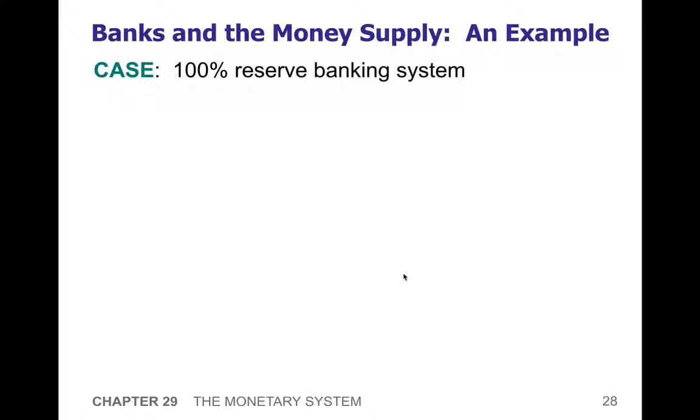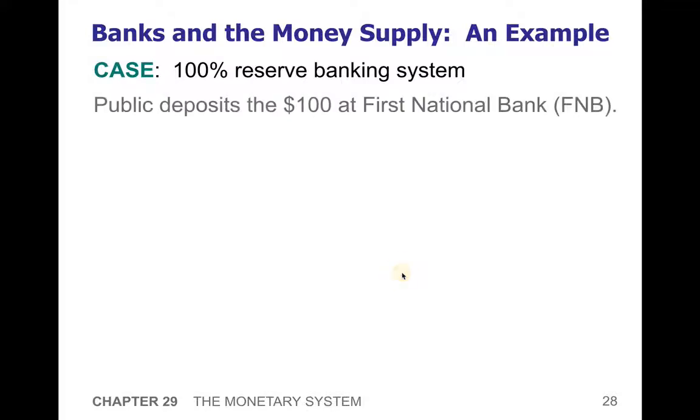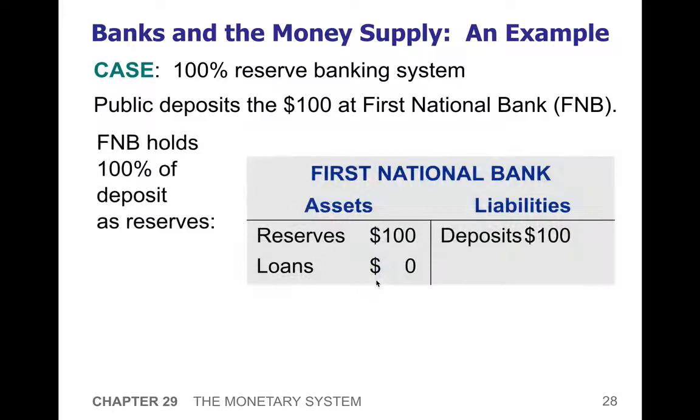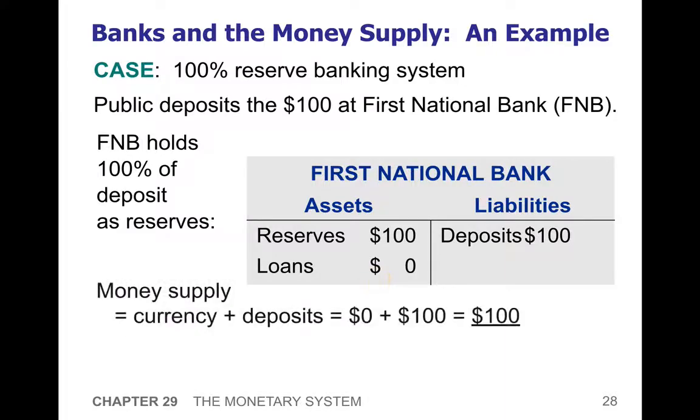But remember, we also talked about systems that have no banking system or a 100% reserve system. So in a 100% reserve system, similar to a Swiss bank, they would put $100 that was deposited into the bank. $100 of that would go directly into reserves, and they do not loan any money out. So the money supply of a country is always going to equal the amount of currency plus deposited money in banks.